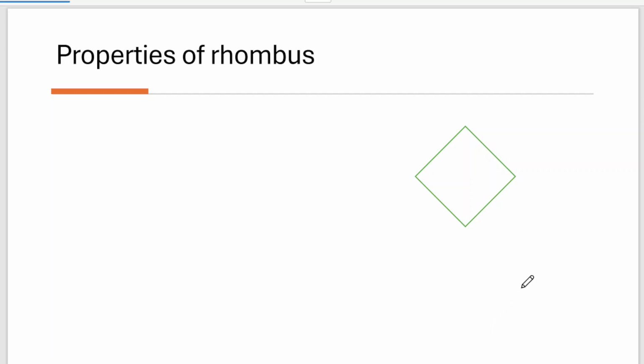Next, coming to rhombus. What is the meaning of a rhombus? Rhombus is also a parallelogram, but there are some special properties about this rhombus. And how it is different from square, I will tell you. Okay. Now see, first remember that a rhombus has all its sides equal.